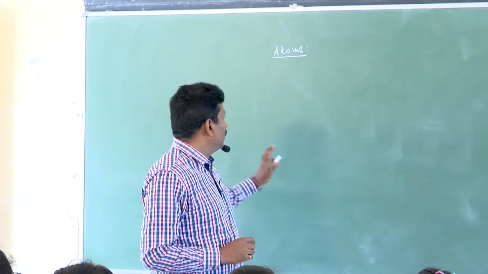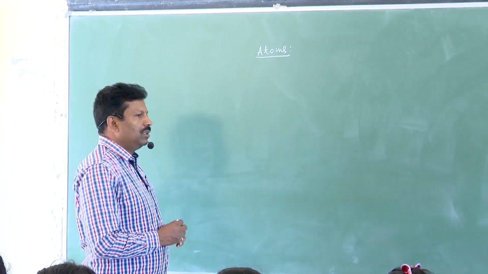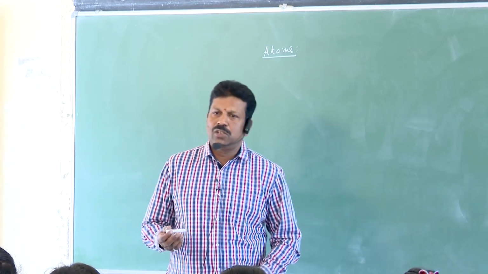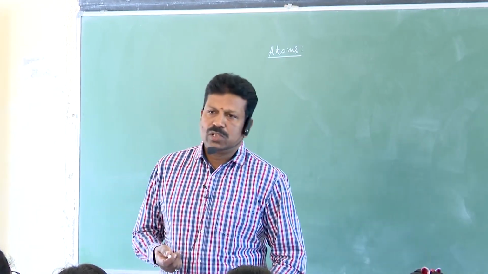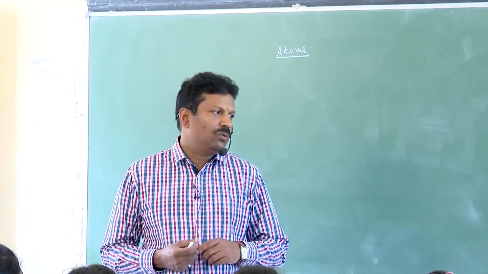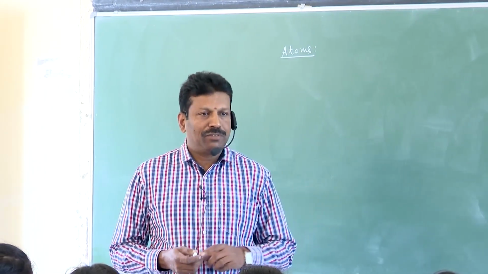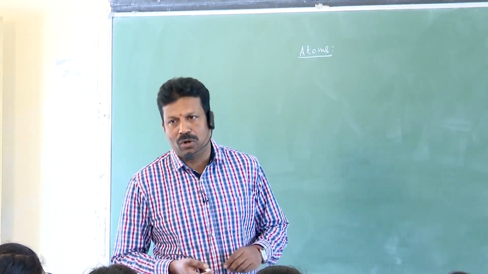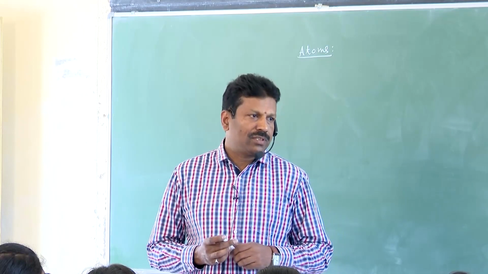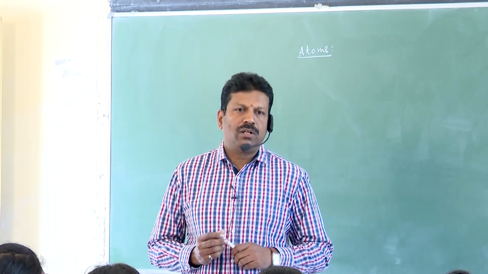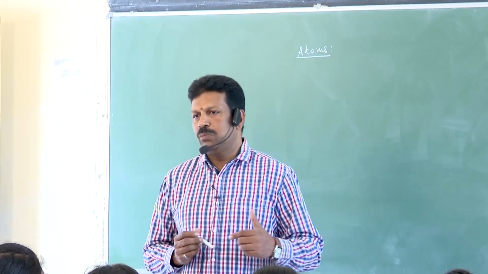So mainly we discuss the models of the atom, the concepts related to Bohr's atom model, why Rutherford's atom model failed, and the merits and demerits of Bohr's model. There is also a relativistic model, which is not part of your syllabus. So these are the 2 models we discuss: Rutherford's model and Niels Bohr's model.